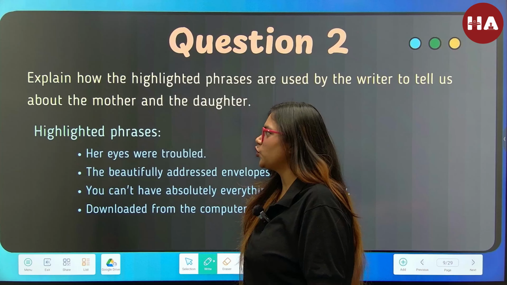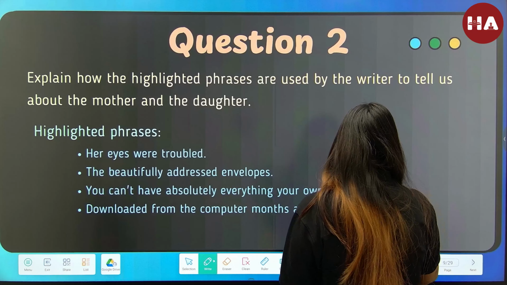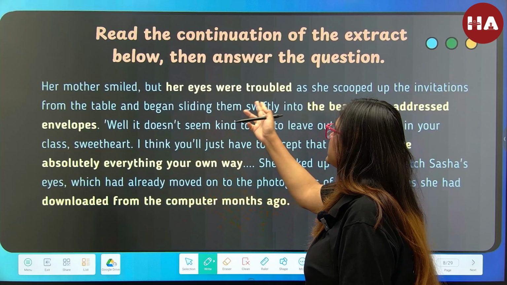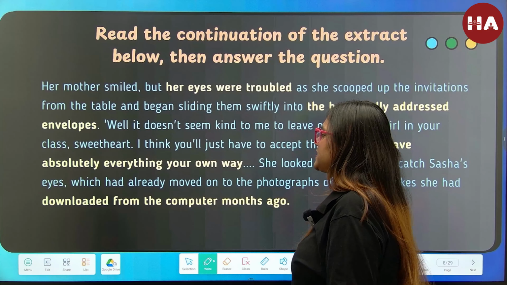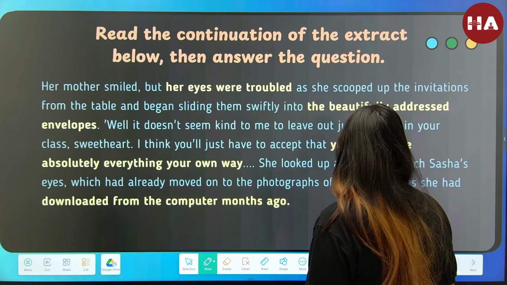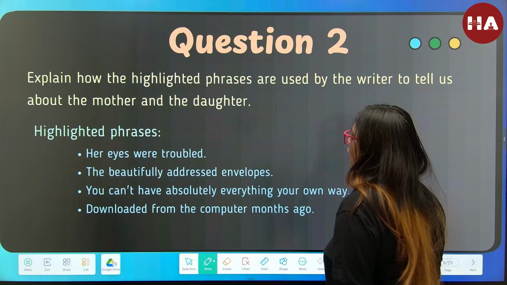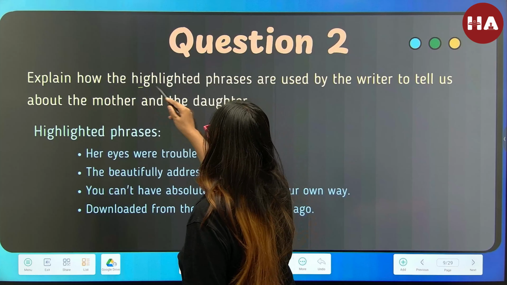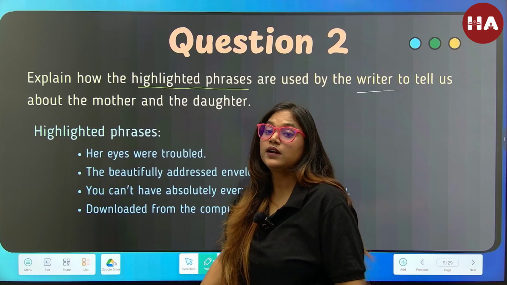So the question goes like, explain how the highlighted phrases, you would have seen some highlighted phrases here, "her eyes were troubled", "the beautifully addressed envelopes", "you can't have absolutely everything your own way", and the last one, "downloaded from the computer months ago", are used by the writer to tell us about the mother and the daughter.